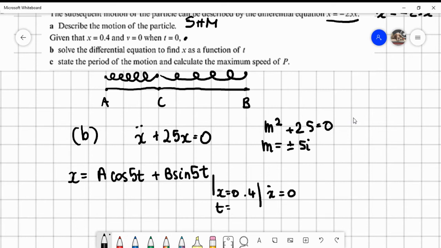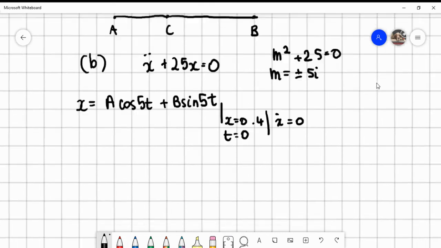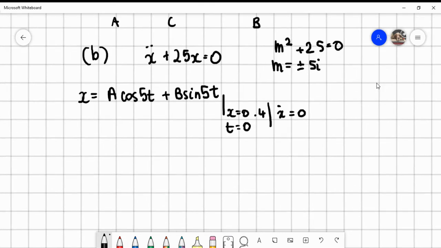At the moment we'll use x is 0.4 at the time when t is equal to 0. Okay, so let's pop it in. We've got 0.4 here, and we've got a times cos 0, which is 1, plus 0. So that gives me a equals 0.4 or 2/5.